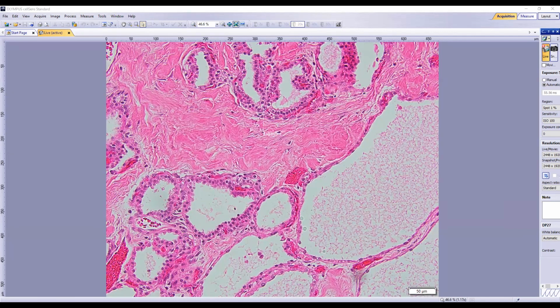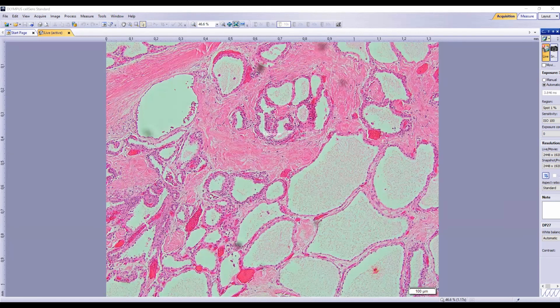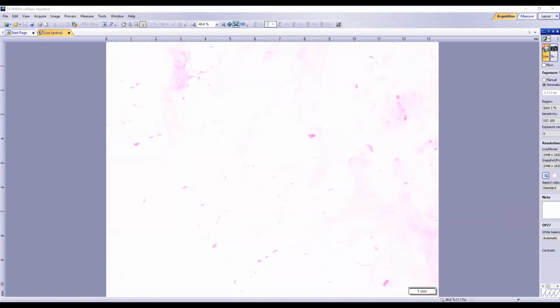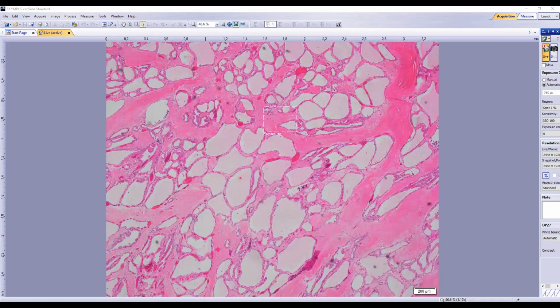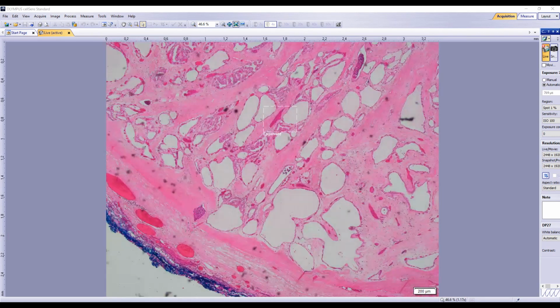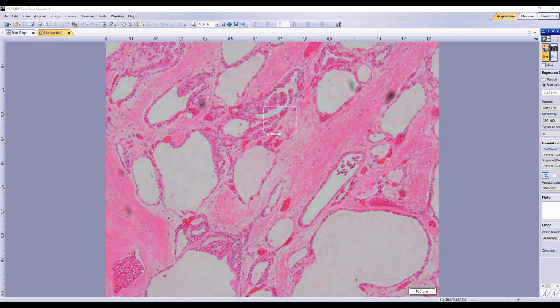Well, it's been a while since I've looked at pancreas. I do not see any ovarian type of stroma in here. Correct. That was one of the things I was looking for. Mucinous cyst is one of my other differentials, but looking at the epithelium, it doesn't look quite mucinous.